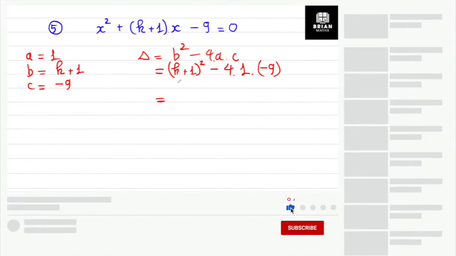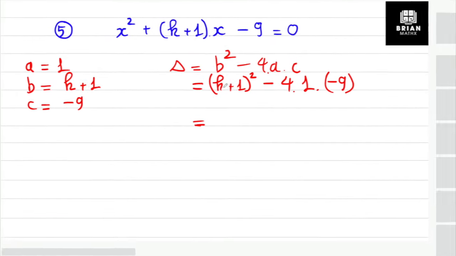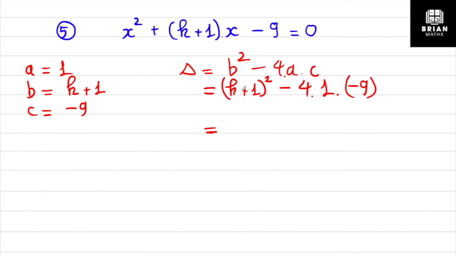Now I have a video about the identities, sum of squares and square of sum, for this expression. If you don't remember the formula, you can take K plus 1 multiplied by K plus 1, then expand the brackets and simplify to find the final answer.